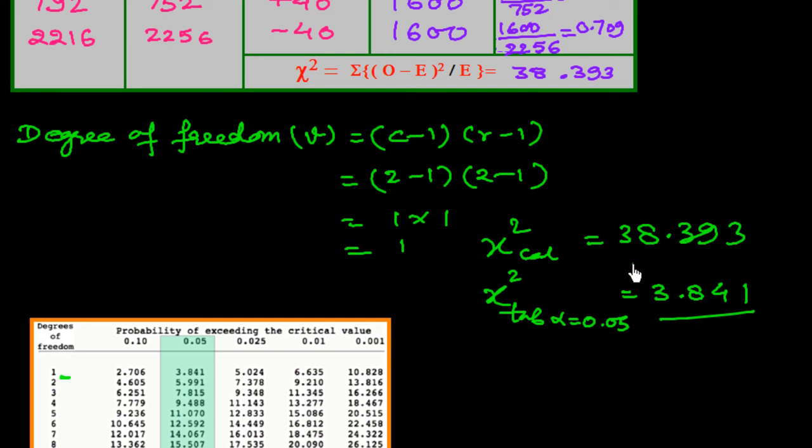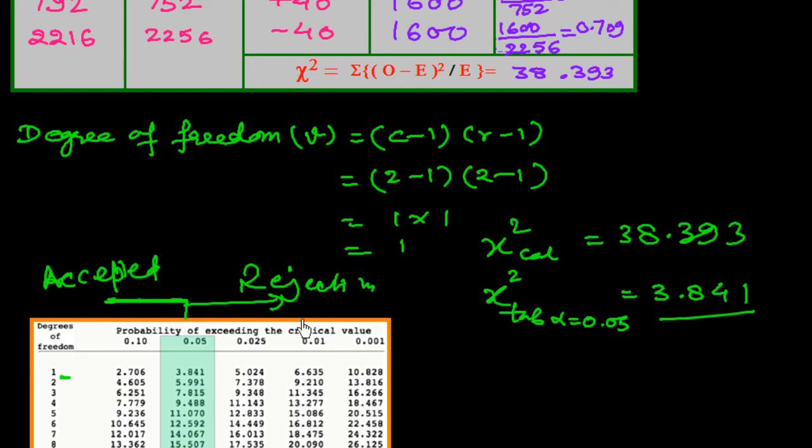It means the calculated value is greater than the table value, so it is rejected. If we are under this value, 3.841, then our null hypothesis is accepted. But 38.393 is more than 3.841. It is very much more than.